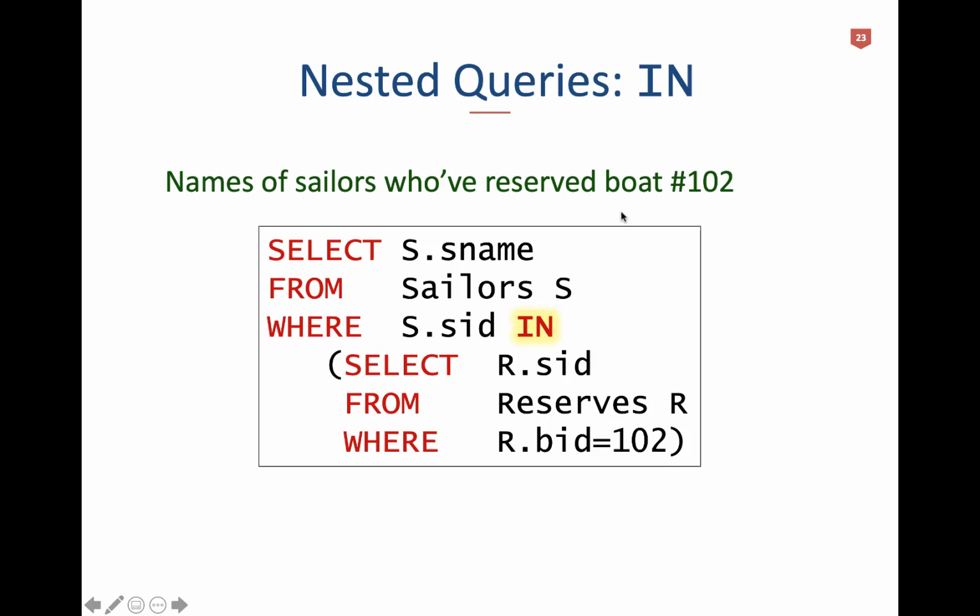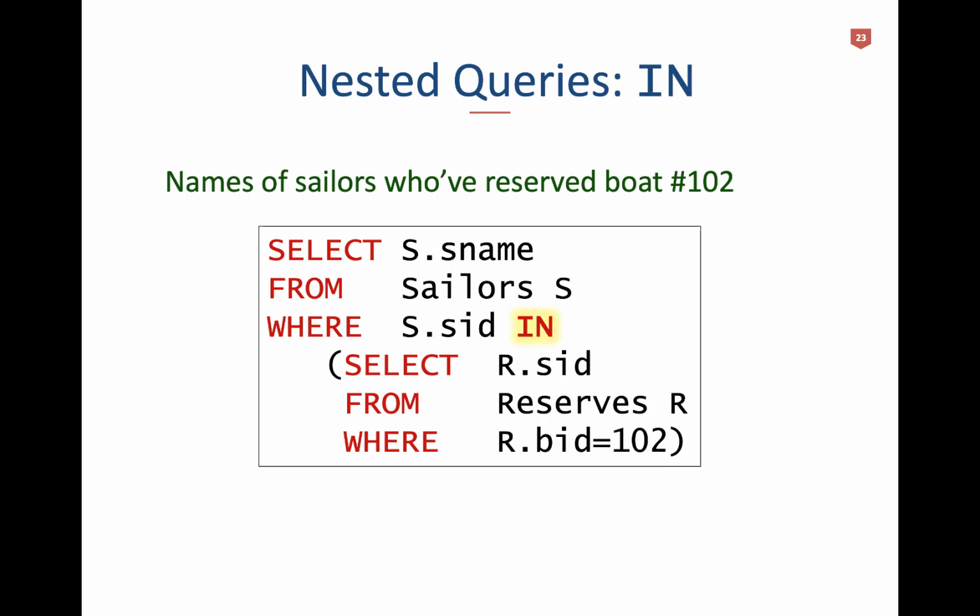Now I want to get to the boats. So where S.SID, the SID of this sailor, is in the resulting table of this query. And this query says select the sailors who have reserved a boat. But which boat? The boat with ID 1 or 2. So this is going to give me the sailors who have reserved boat 1 or 2.